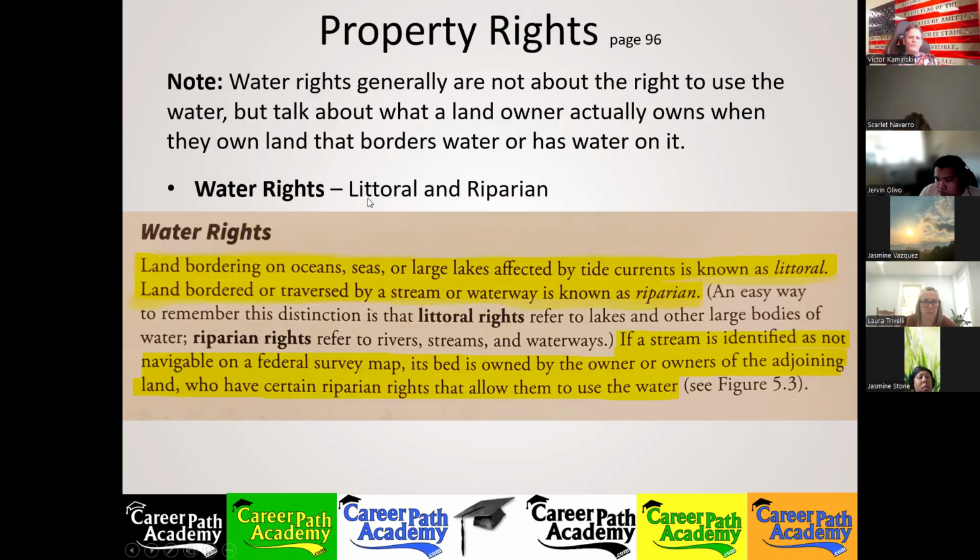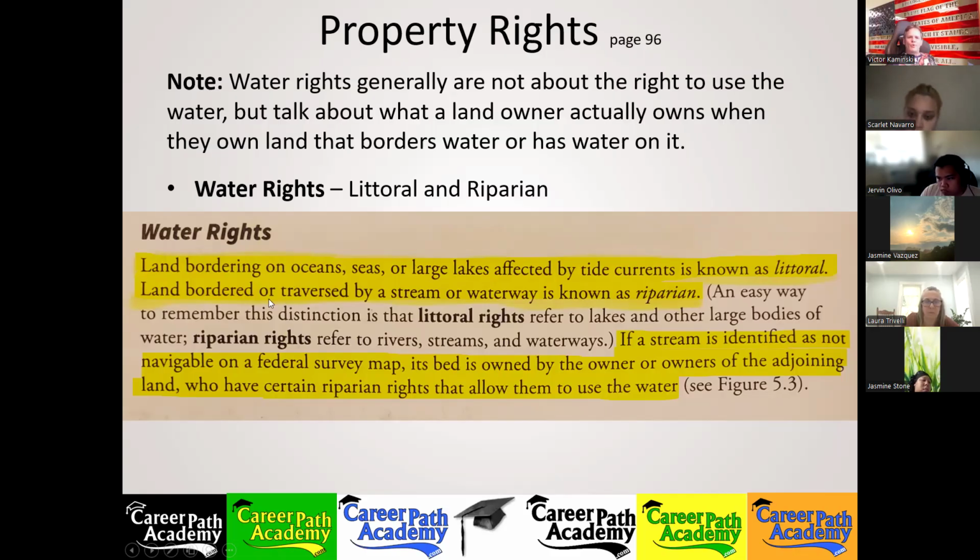So the water rights could be littoral or riparian. What is that? Well, land bordering on oceans, seas, or large lakes affected by tidal currents is known as littoral. Think of littoral begins with an L. Think of lakes and large bodies of water.